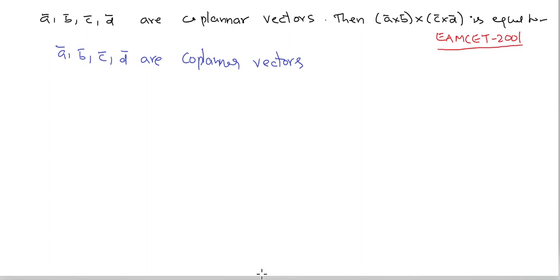Then A bar cross B bar, C bar cross D bar are perpendicular to the plane, perpendicular to the same plane.